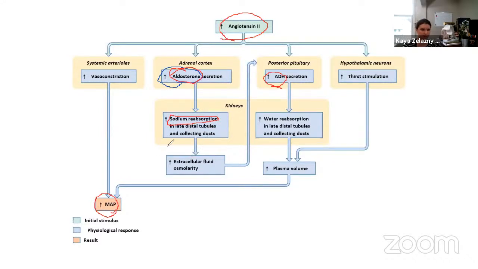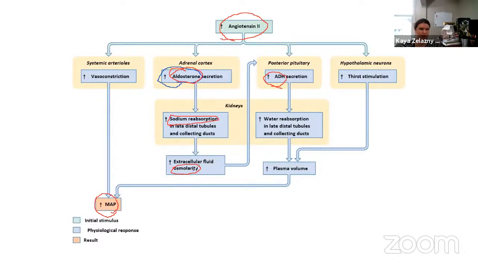As we increase the osmolarity of the plasma, we remember that one of our triggers for secreting ADH was our sensors that can sense the osmolarity of that plasma. In the hypothalamus, we had the OVLT receptor, right?